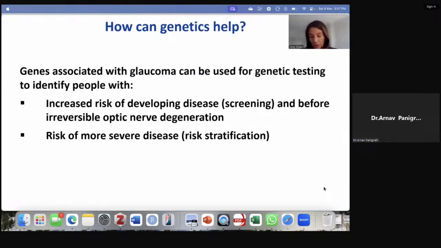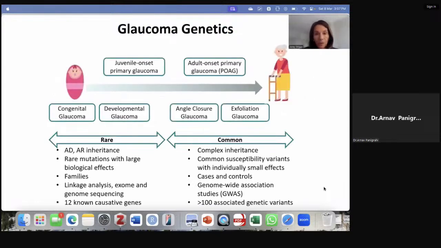So, as you know, glaucoma can occur across the lifespan, and all forms of glaucoma are inherited. Early onset or childhood glaucoma, juvenile onset primary glaucoma, congenital glaucoma, developmental glaucoma, these conditions are inherited generally as autosomal dominant or autosomal recessive traits.